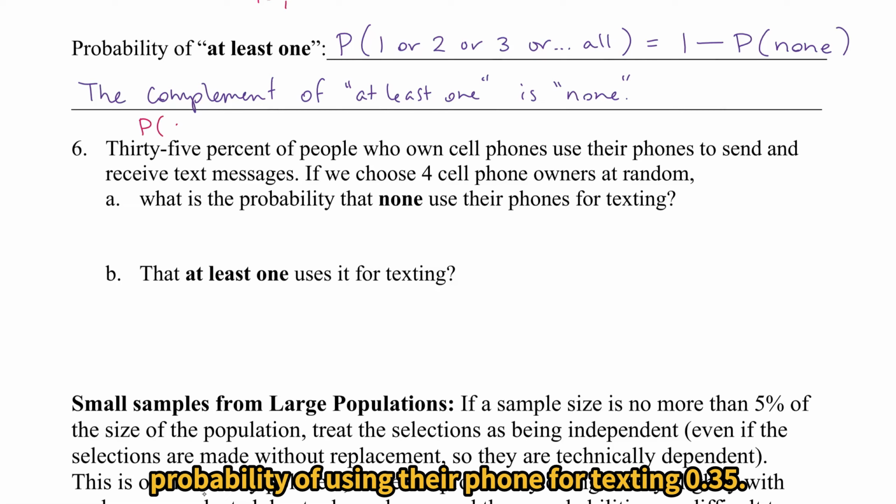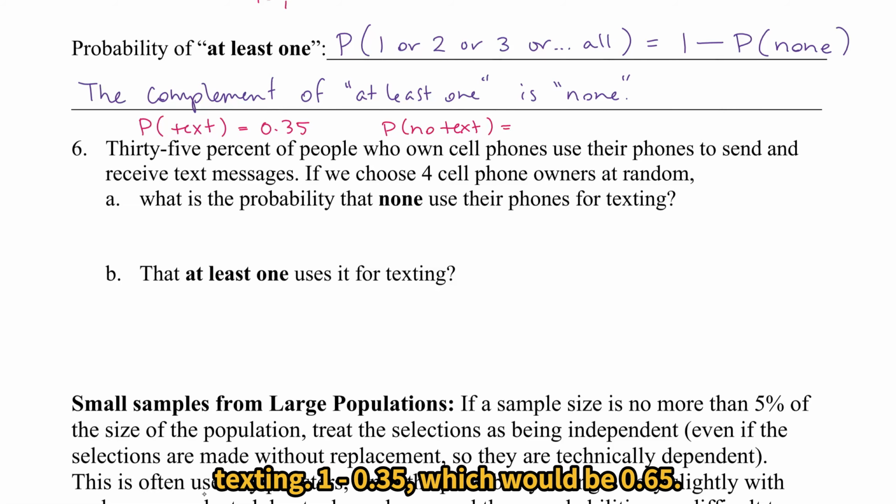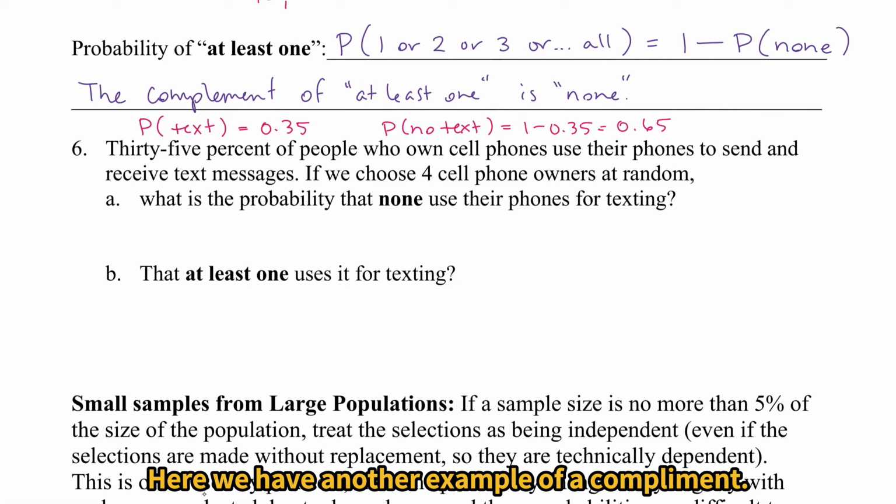Probability of using their phone for texting, 0.35. So that means the probability they don't use it for texting is 1 minus 0.35, which would be 0.65. Here we have another example of a complement.